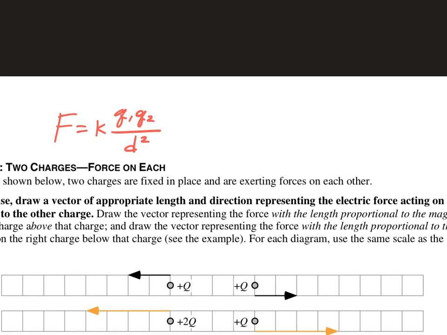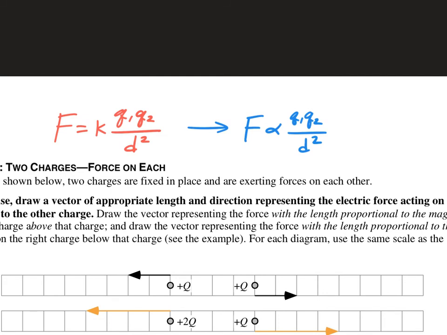And what that implies is you could say that force is proportional directly to the charge product and inversely to the square of distance. The constant isn't that helpful for us. So we'll look at the example and this first answer.